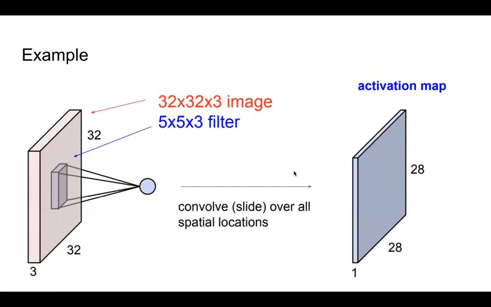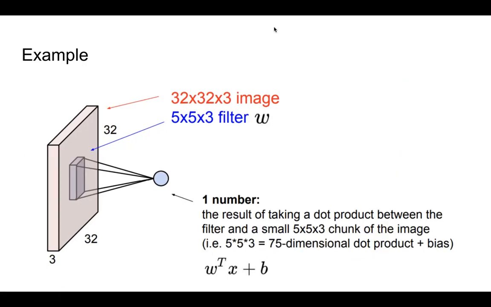I have a question: will the parameters of all three filters, for red, green and blue, be the same, or could they be different? No. When you say filter, it's the 5x5x3 one. It's not three filters, it's just one filter.